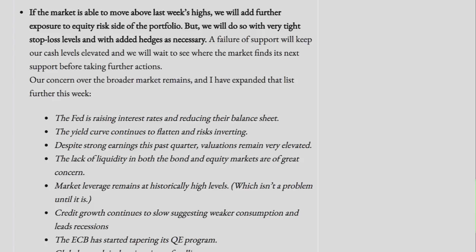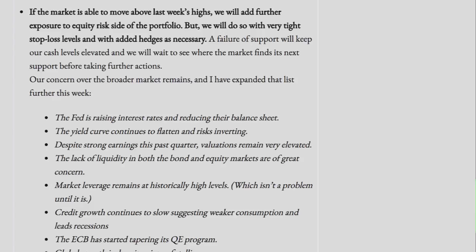But we will do so with very tight stop-loss levels and with added hedges as necessary. A failure of support will keep our cash levels elevated, and we will wait to see where the market finds its next support before taking further actions.